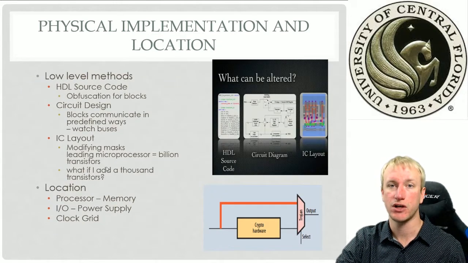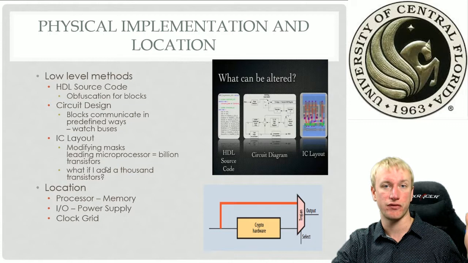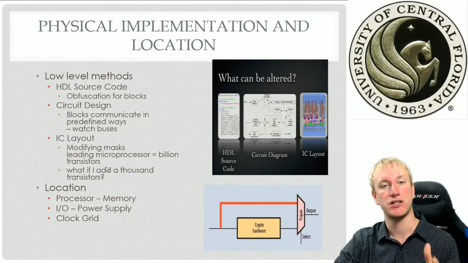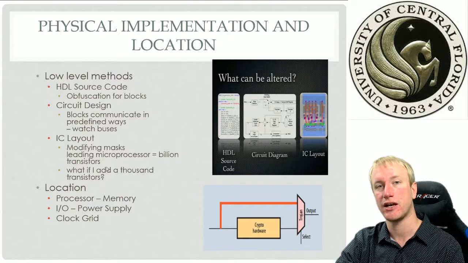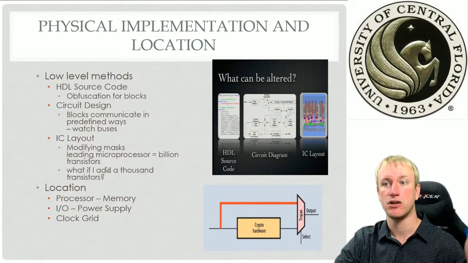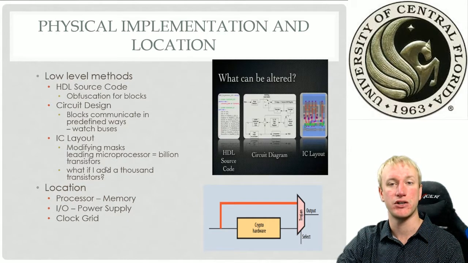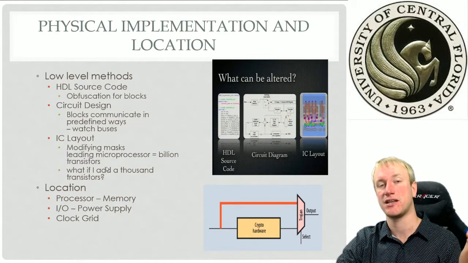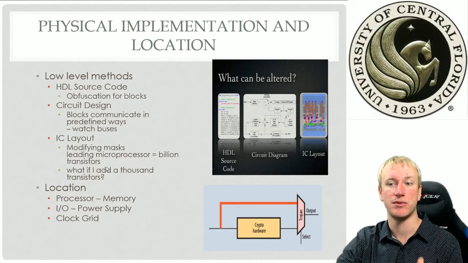So where are the most common places that Trojans are placed? From the design or the fabrication side, you have the HDL source code of the integrated circuit, or the IC, the circuit diagram itself, so whenever it goes to that phase, or at the production side whenever it goes to the foundry or the fabrication plant. These are different places that malicious intent can be implemented.